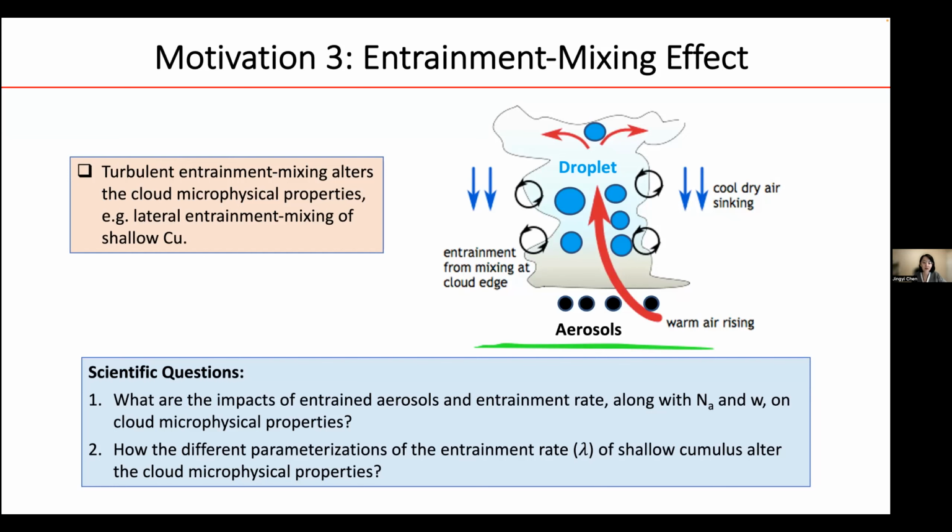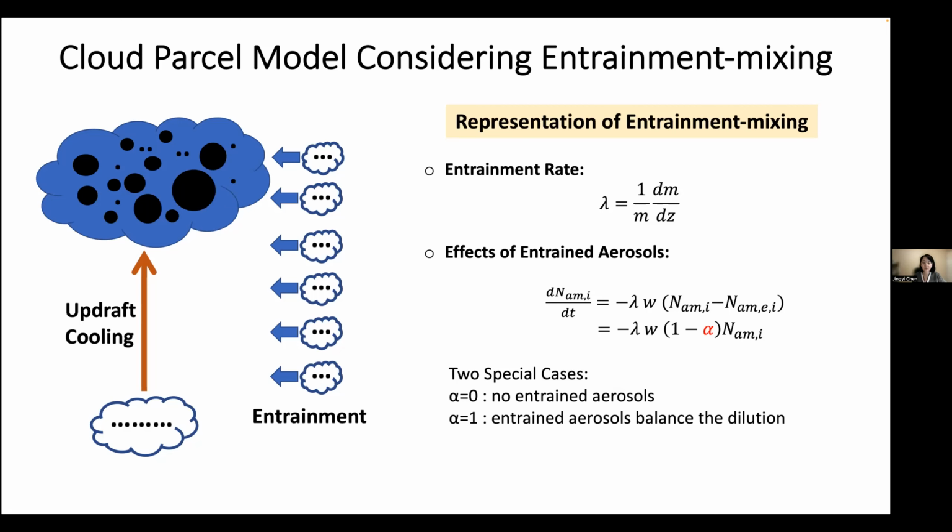During the entrainment mixing process, the number concentration of the particles in each bin is calculated by this equation. This is derived from the conservation law of the number concentration. And here N is the droplet number concentration, and the subscript i means the ith bin. As we mentioned, we use the bin models.